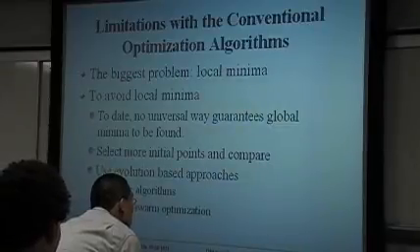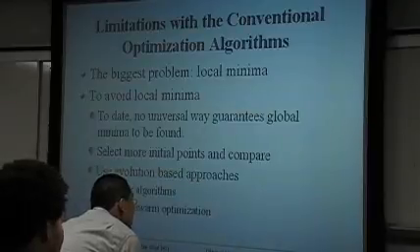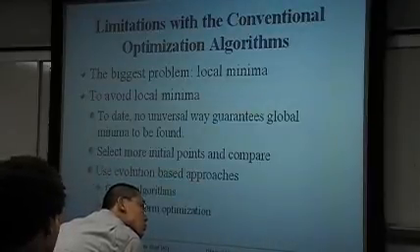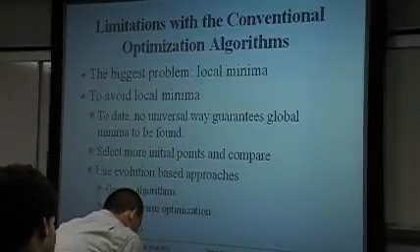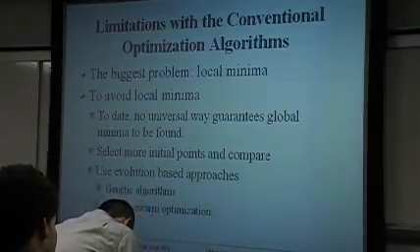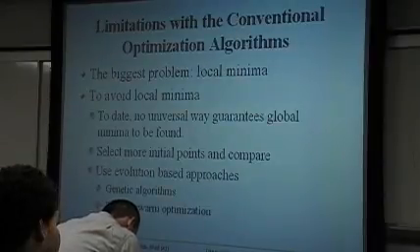Because we have to specify the initial searching point first. If we have an objective function like this, if you select the initial searching point, for instance, it will get a result like this, and the problem will restart.